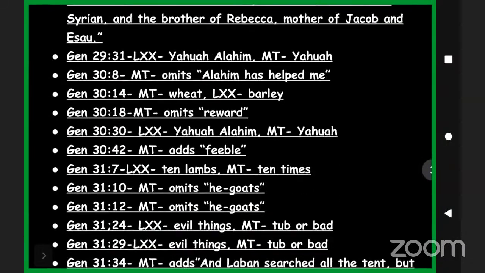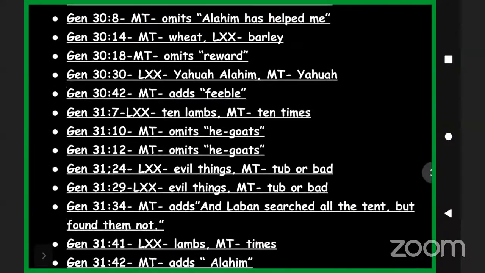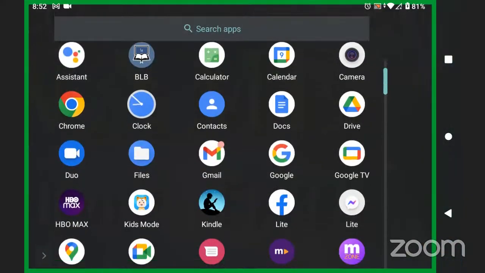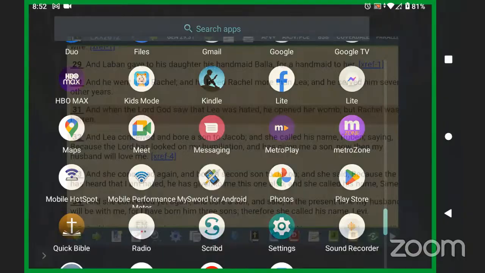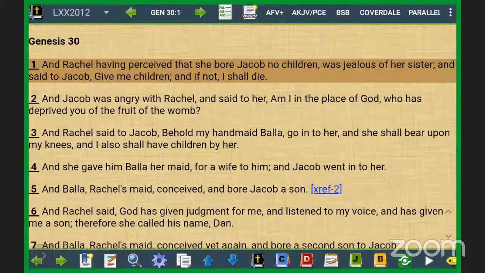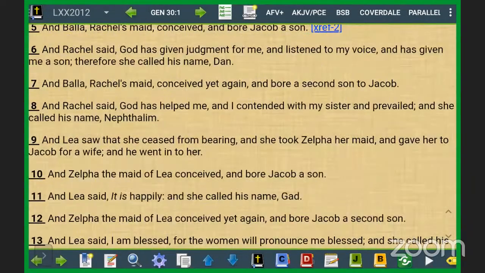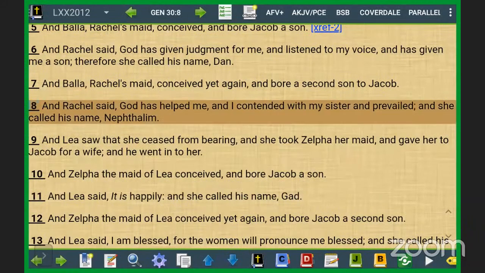Let's see here. Okay, we're at chapter 30, verse 8. Masoretic text omits "Elohim has helped me." For whatever reason they omit this whole statement, which is very weird because this is the birth of Naphtali. In the Septuagint in Genesis chapter 30, verse 8, it says, "And Rachel said, Elohim has helped me."